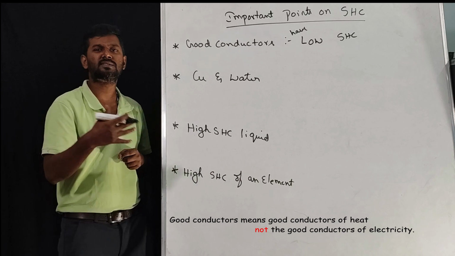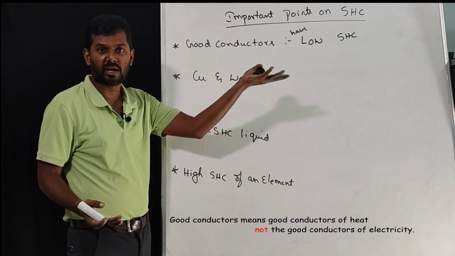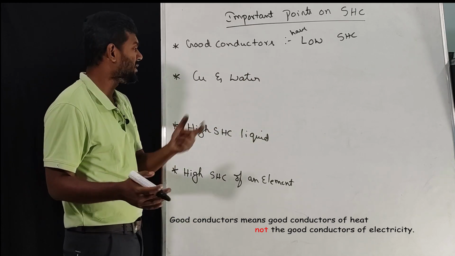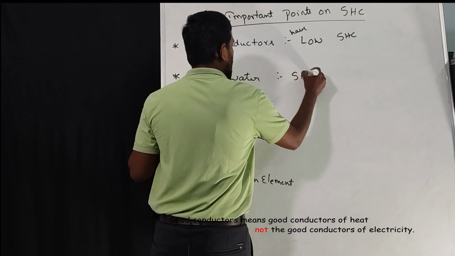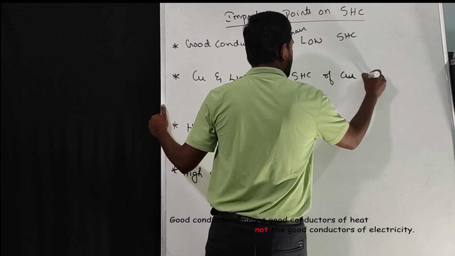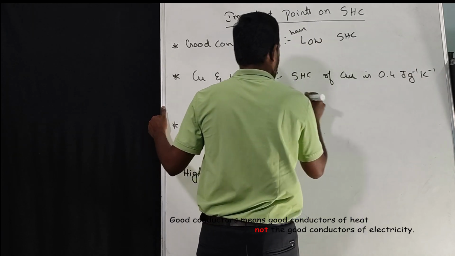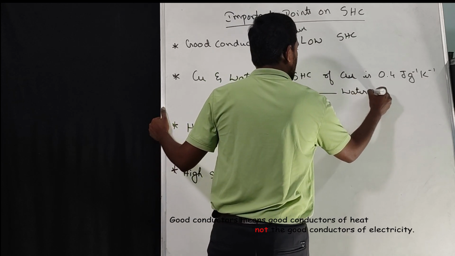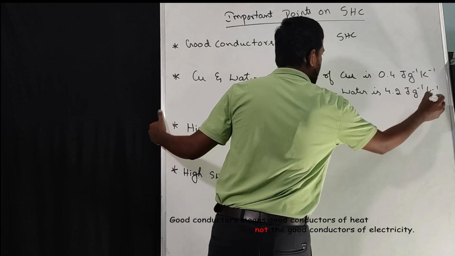So first thing is you need to understand the difference between those two, good conductors and poor conductors, and why they have low or high specific heat capacity. What do you mean by low specific heat capacity? What do you mean by high specific heat capacity? I'll explain through this example. Listen. The specific heat capacity of copper is 0.4 joules per gram per Kelvin, and the specific heat capacity of water is 4.2 joules per gram per Kelvin.